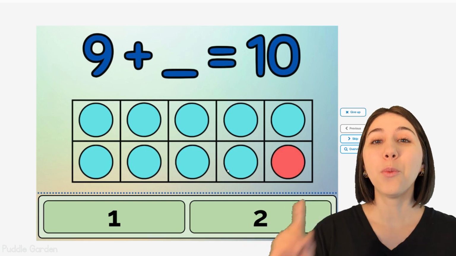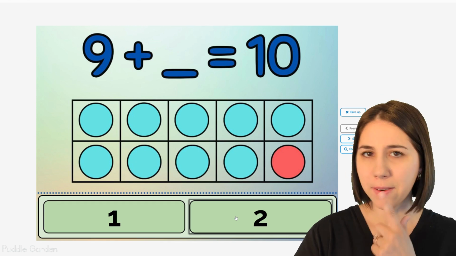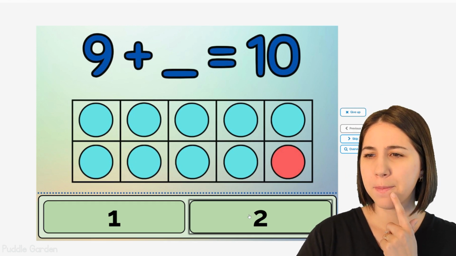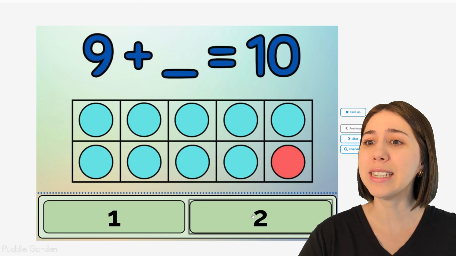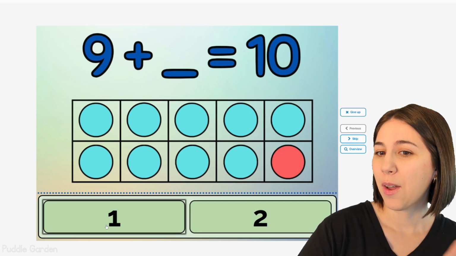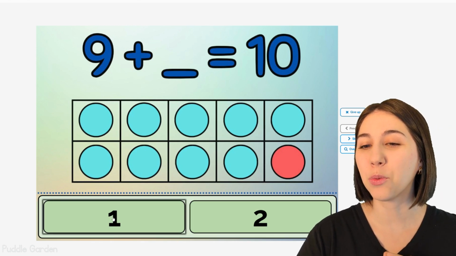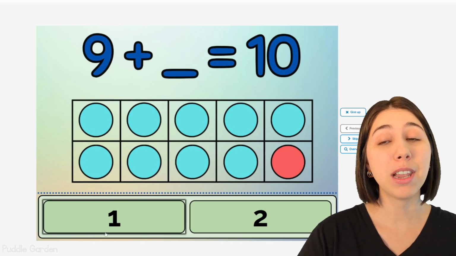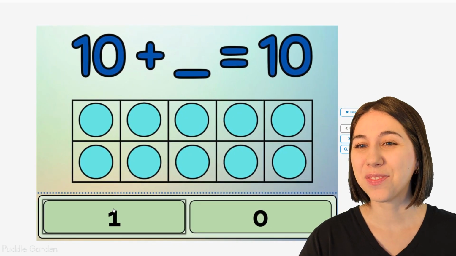That's right, there's 1 red dot. So which number is our 1? Is it this one? Nope, that one is our 2. Is it this one? Ooh, this one is our 1. And we see that there's 1 red dot. So 9 plus 1 more equals 10.